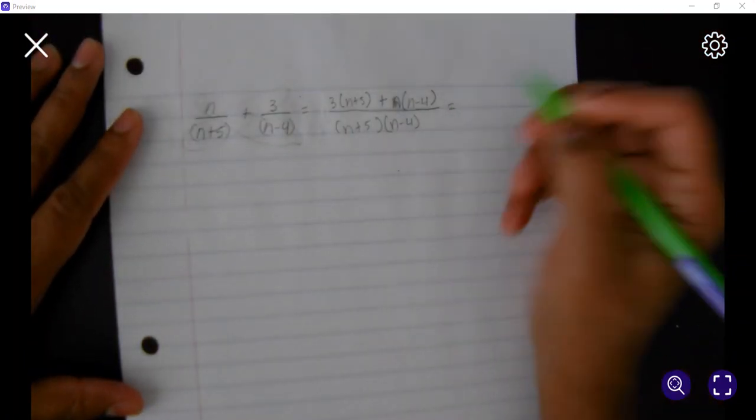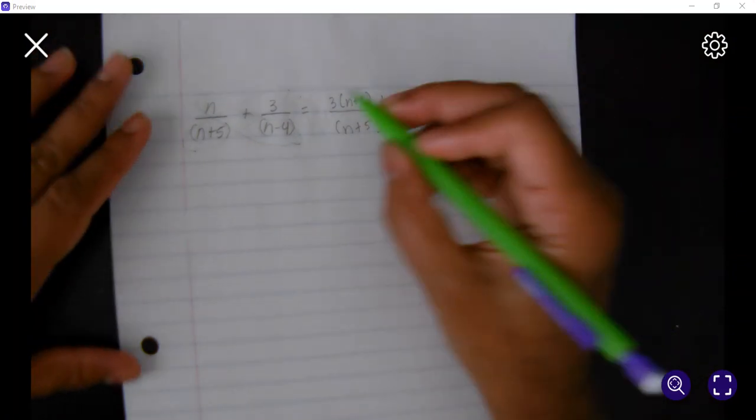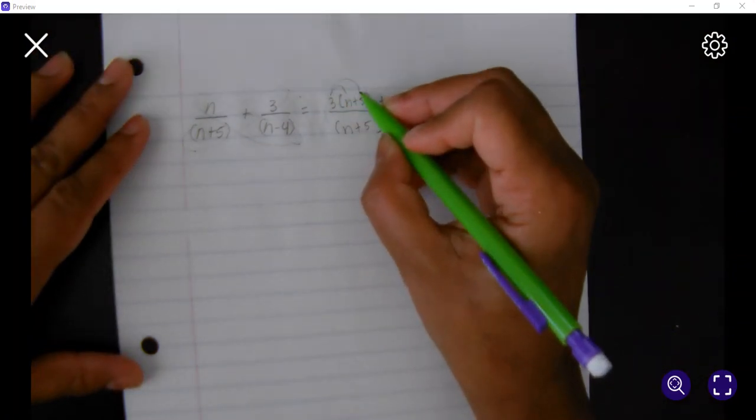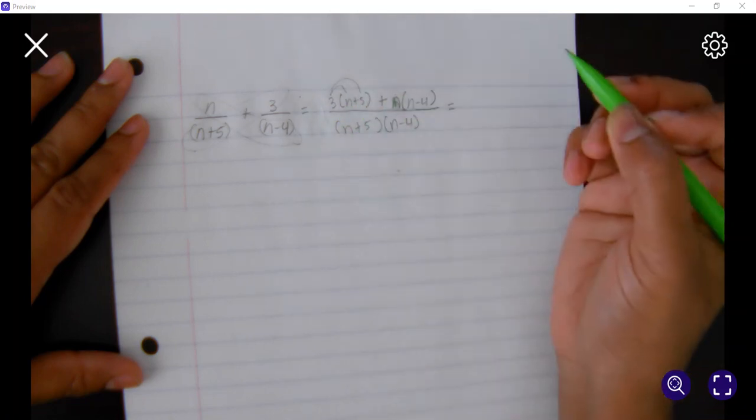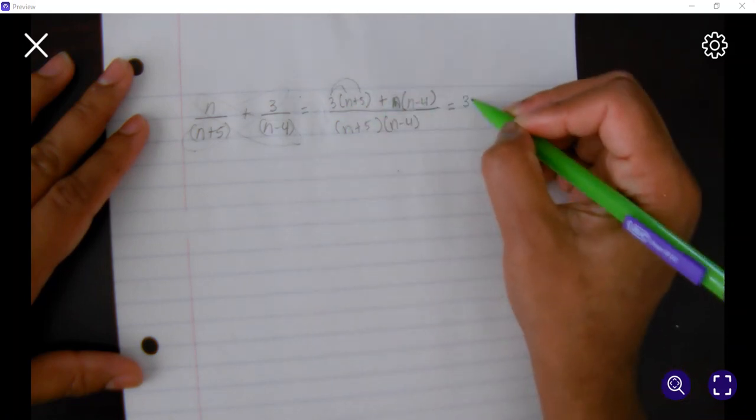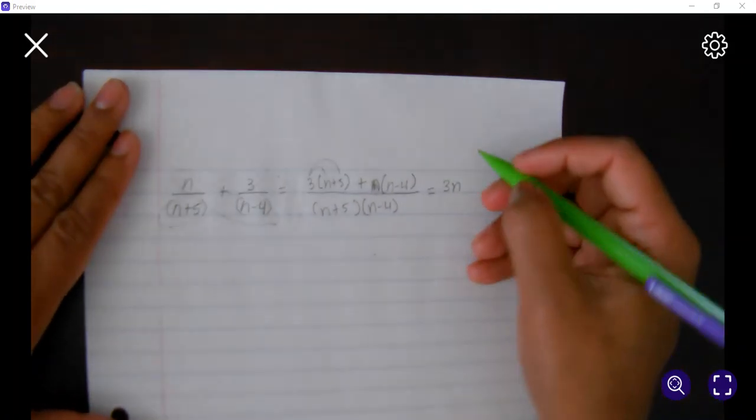Okay, and then now let's go ahead and simplify this. I'm going to go ahead and distribute this. I'm not distributing it here because 3 is in front of only this parentheses. So you have 3n plus 5.